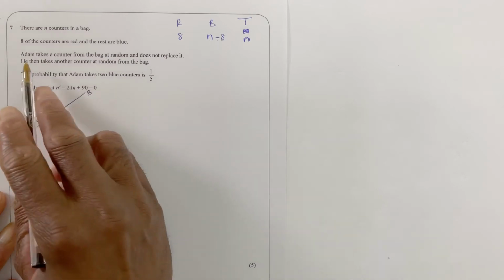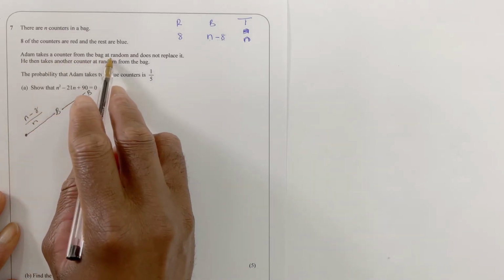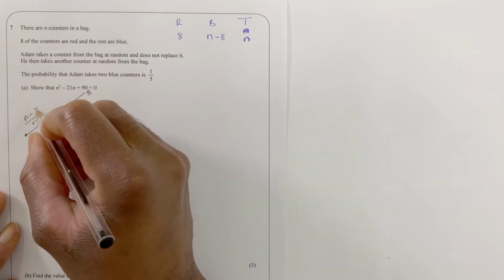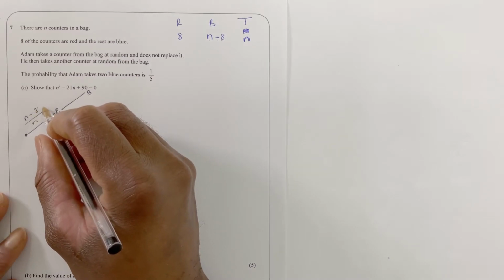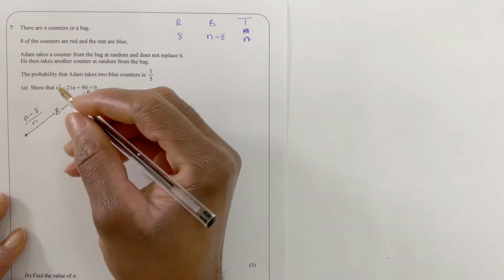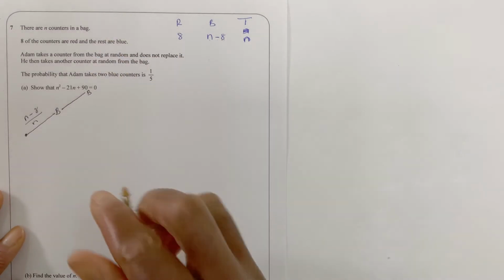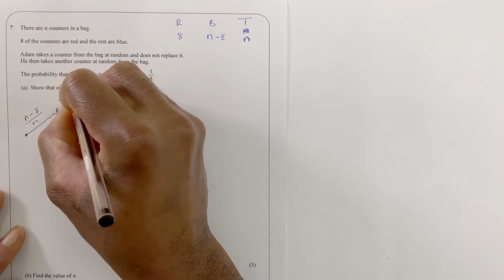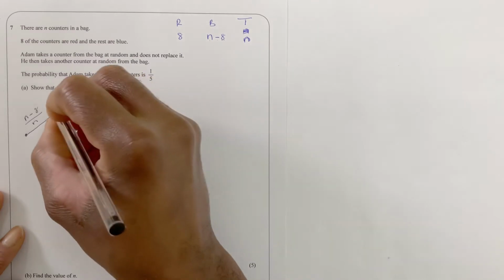well, it says Adam takes a counter from the bag at random and does not replace it. So you're going to have n minus 8 minus 1. So that will be n minus 9, because you've taken 1 out again. So you're going to have n minus 9 over, well, you won't have n anymore, you're going to have n minus 1.